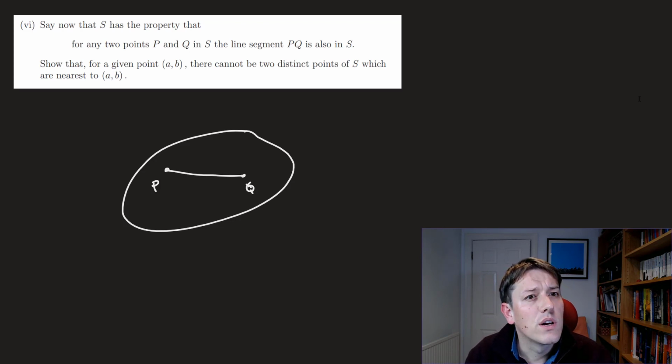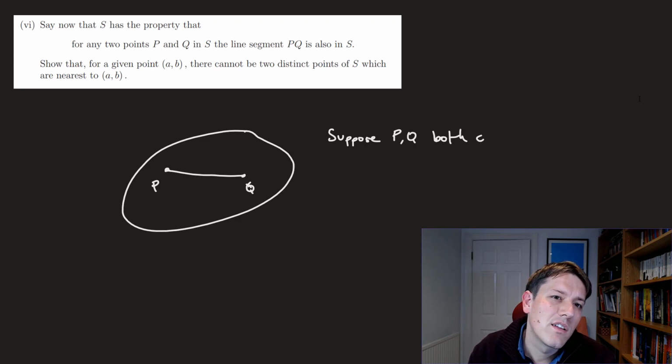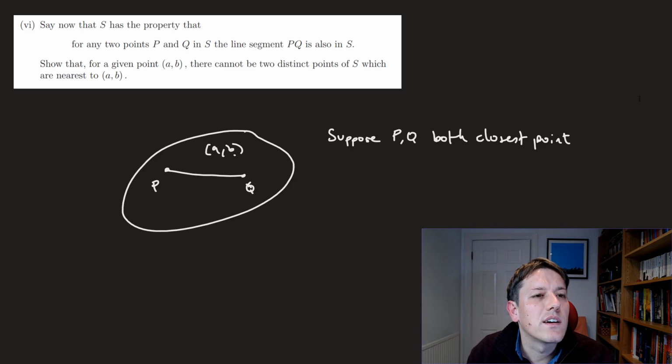So effectively what we're going to do is suppose P and Q are both the closest point. Well, I've got some AB, maybe it's here inside the set, maybe it's outside the set. It doesn't really matter, right?